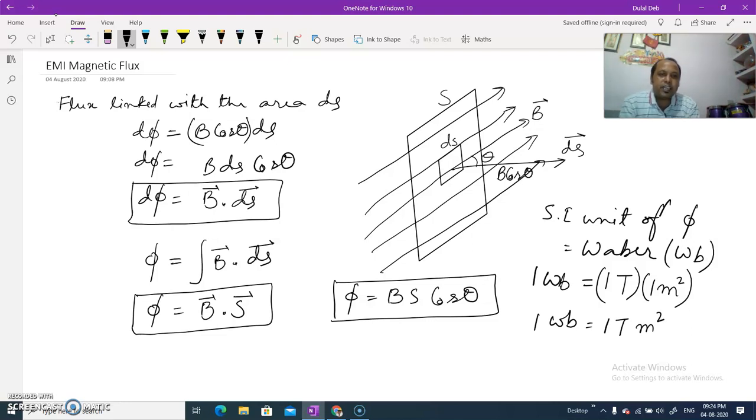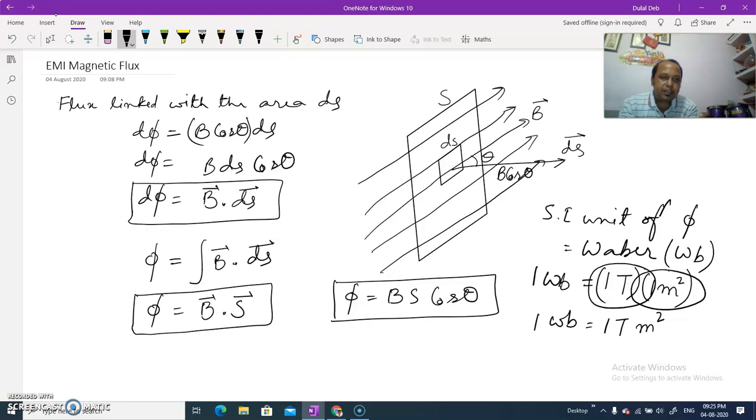That is, we can define 1 Weber. 1 Weber may be defined as the magnetic flux linked through a surface which has an area of 1 meter square and through which a magnetic field of 1 Tesla is passing perpendicularly. I hope this is clear to you.